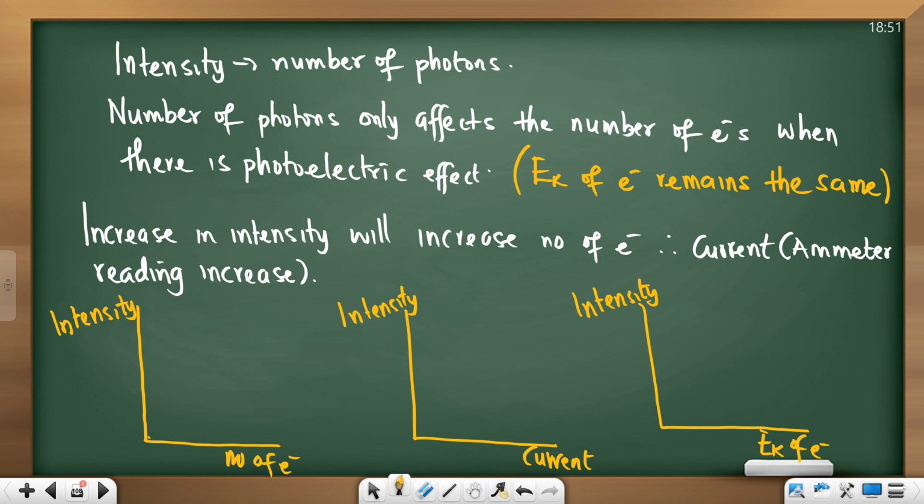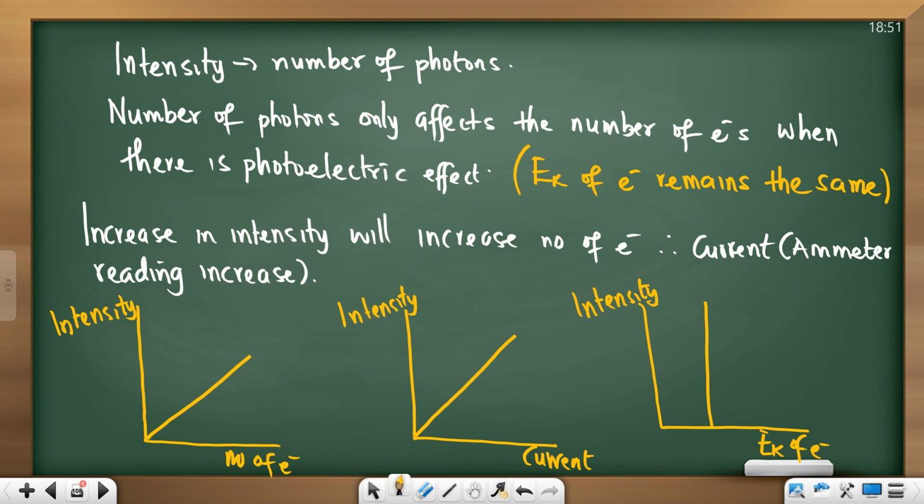These ones are directly proportional. This one also directly proportional. This one is a straight line, because kinetic energy will remain the same. So please take note, this is in most cases the last question that is always thrown at us. I hope we are okay.